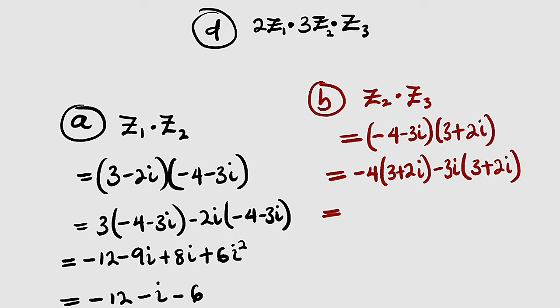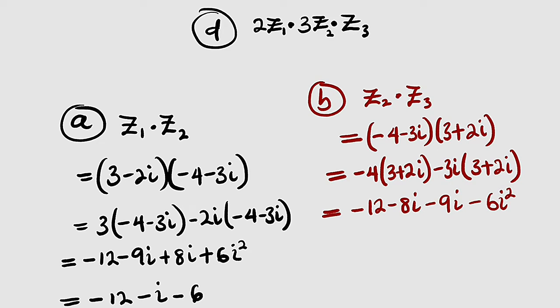This is equal to negative 4 times 3 is negative 12. Negative 4 times positive 2i, we have negative 8i. Then the other one, minus 3i times 3 is minus 9i. Then minus times plus is minus, 3i times 2i is 6i squared.